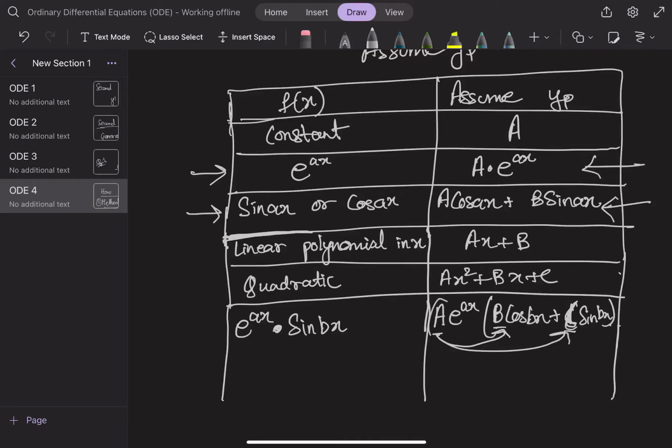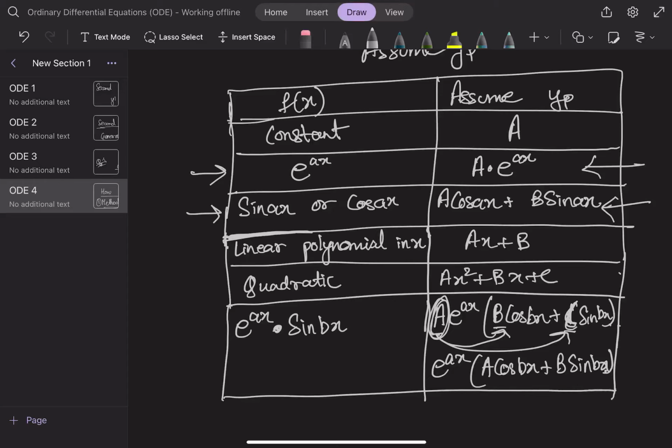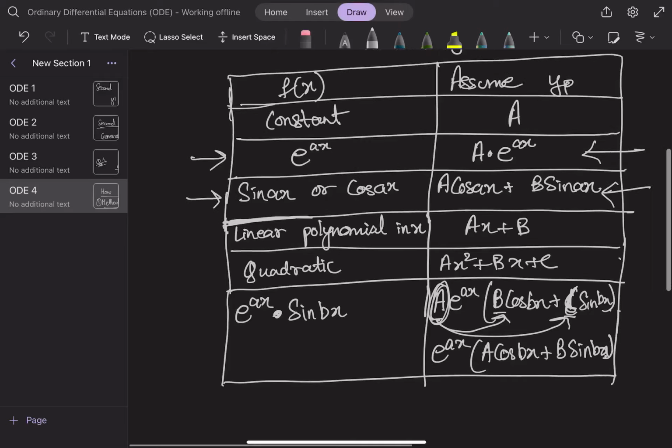So you do not actually need this capital A. You can just write it as e raised to ax times (a cos bx plus b sin bx). We're going to practice some questions so we can get the hang of this. So let's start.